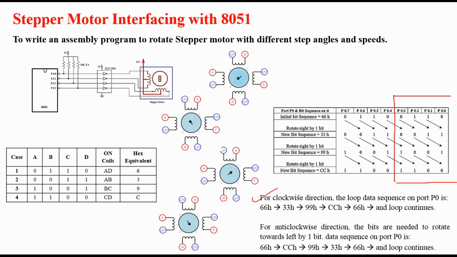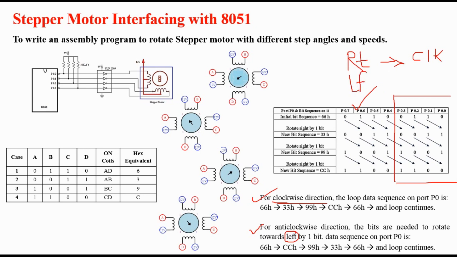Therefore, for clockwise direction, the loop data sequence on port 0 is 66, 33, 99, CCH, and then again we will send 66 and the loop continues. Fine. So this will give us the clockwise direction. For anti-clockwise direction, the bits are needed to rotate towards left. Here we have done right shifting operation. If you do right shifting operation, the motor will rotate in clockwise direction.